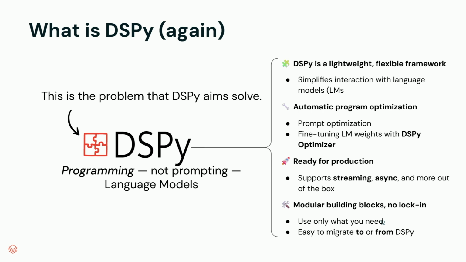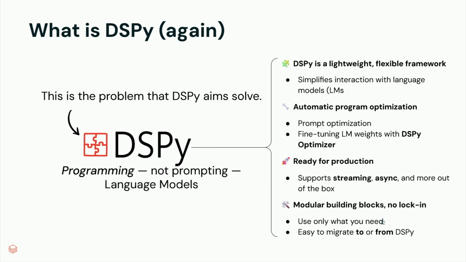So let's answer the question again: what is DSPy? DSPy is a lightweight, flexible framework which is easy to migrate into and easy to migrate off. We simplify the interaction with the language model by transforming prompt engineering into something like calling a function with well-established input and output formats.